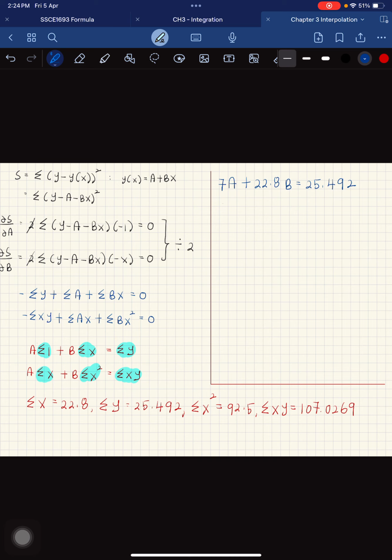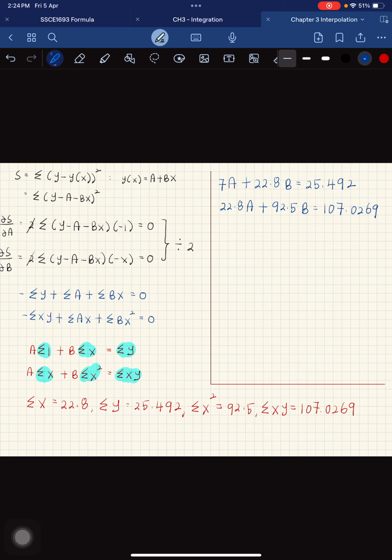Second equation, 22.8a plus 92.5b equal to summation xy, which is 107.0269. Okay, now you can find the values of a and also b by using your calculator.